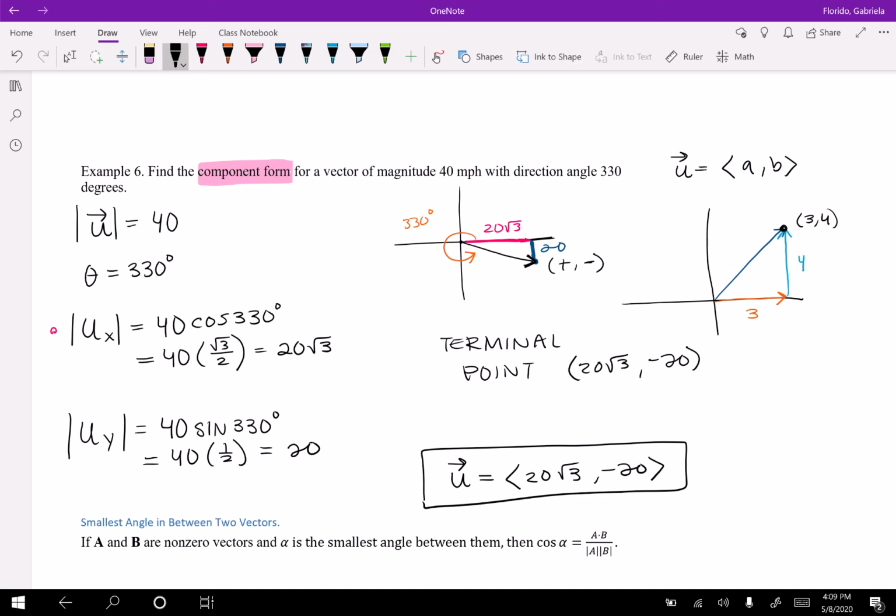And so this is the component form of a vector with magnitude 40 and a direction angle of 330 degrees. Notice how we used the formulas for the horizontal and the vertical component to help us figure out what that terminal point was, and based on the terminal point, we can find the component form from that.